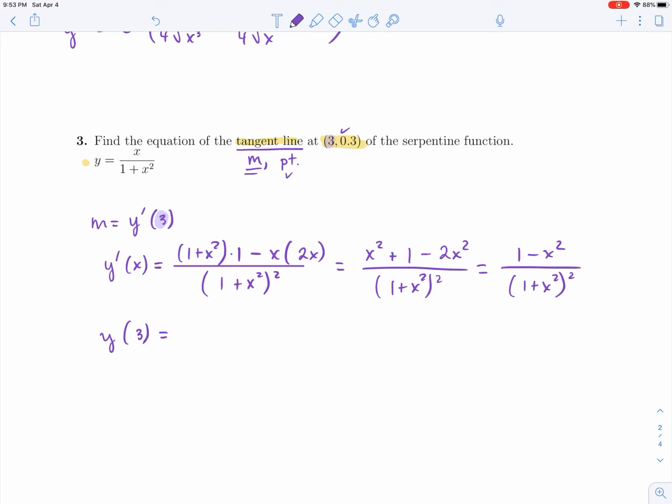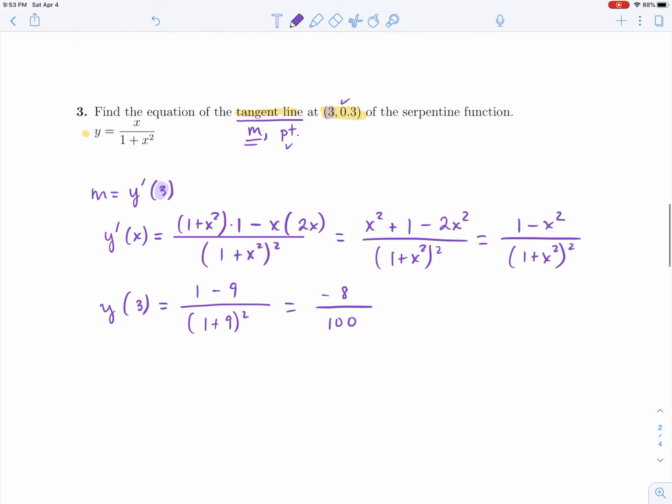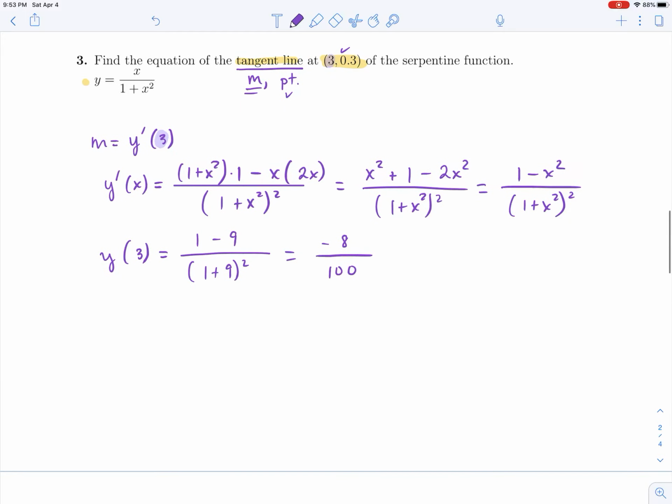We didn't need to do that because all we need to do is plug in the 3, and we could have plugged in the 3 anywhere, it doesn't matter, but that's going to be 1 minus 9 over 1 plus 9 squared. So that's negative 8 over 100. So there's our slope.